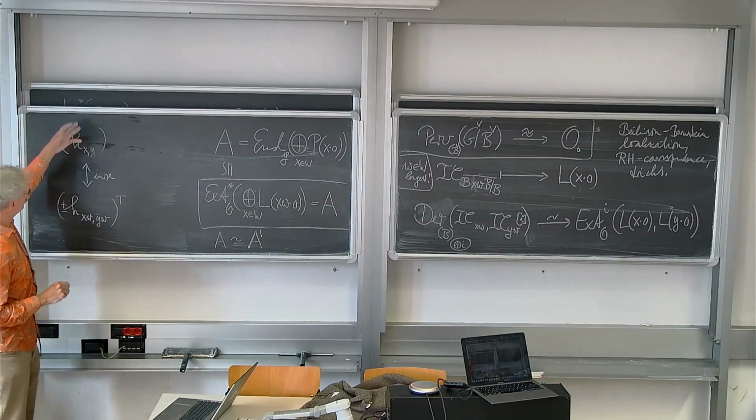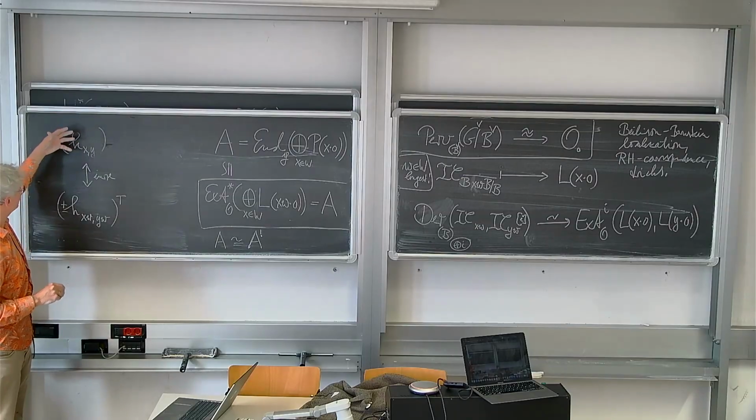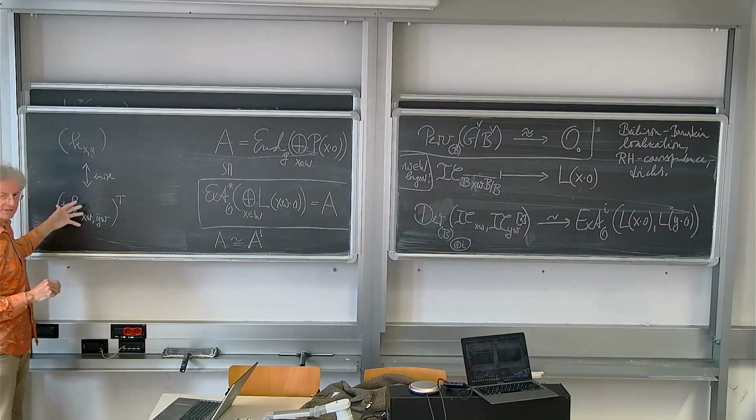So the inverse matrix to the matrix of Kazhdan-Lusztig polynomials is again the matrix of Kazhdan-Lusztig polynomials.